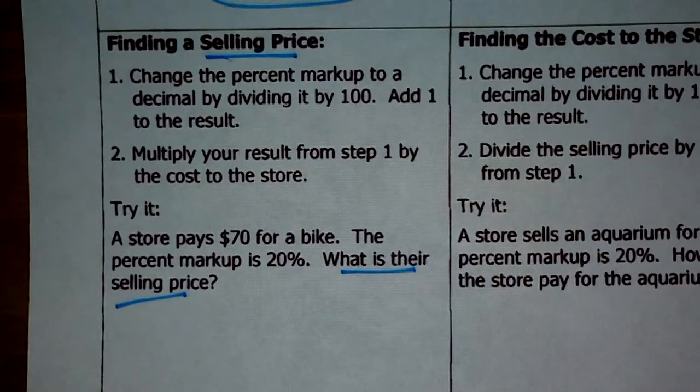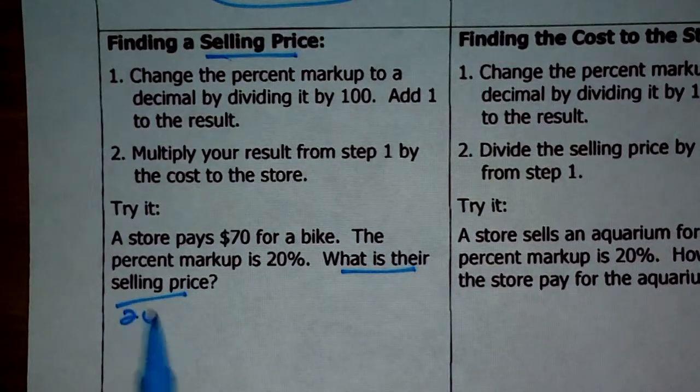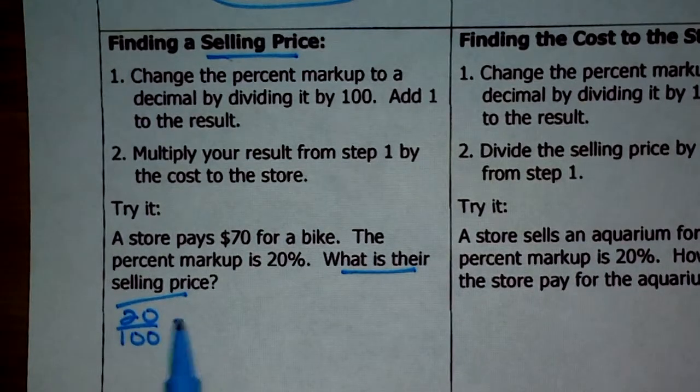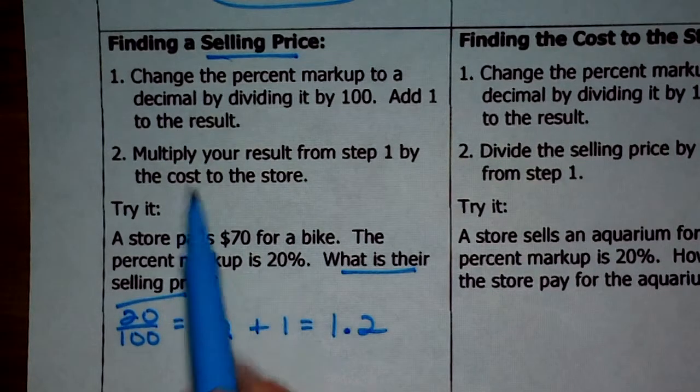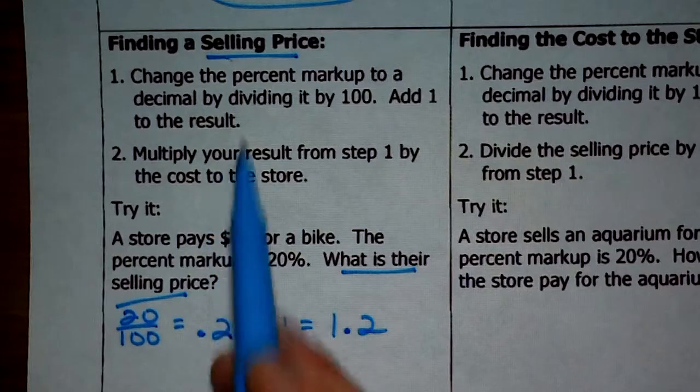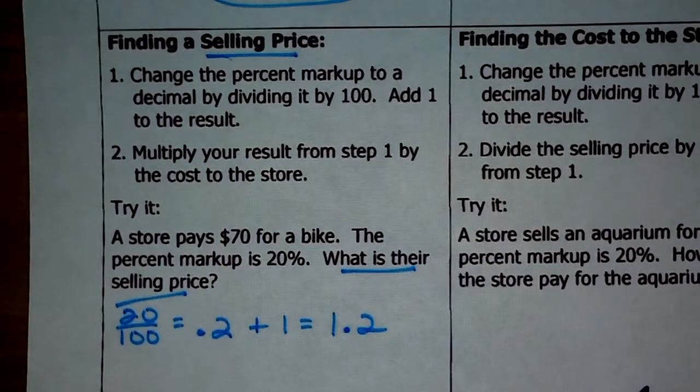All right, so looking at this, it says the percent markup is 20%. So I'm going to take that 20% and divide it by 100. And then I need to add a 1 to that. So we end up getting 1.2. And then after that, we're supposed to multiply the result from step 1, what we just got, by the cost to the store.